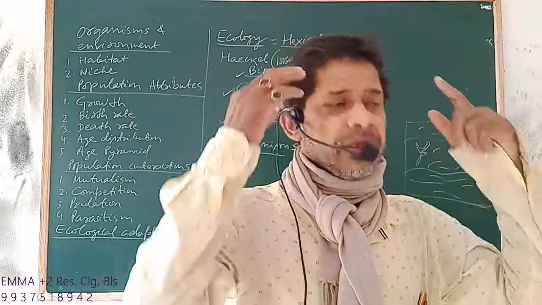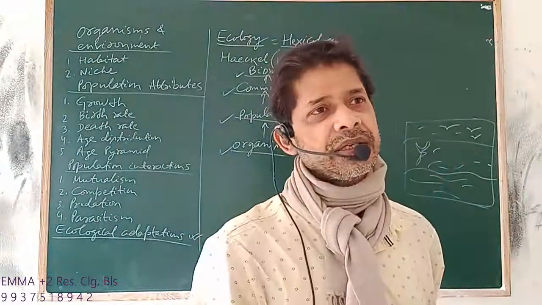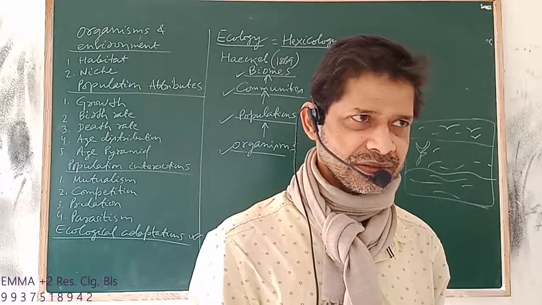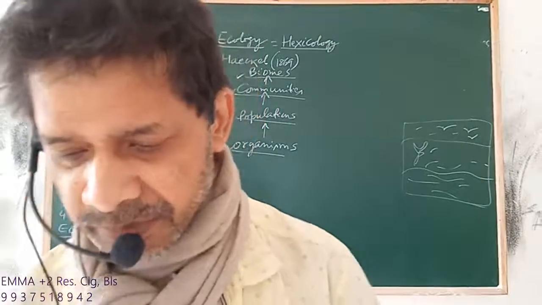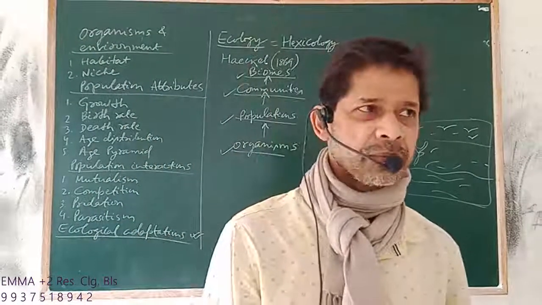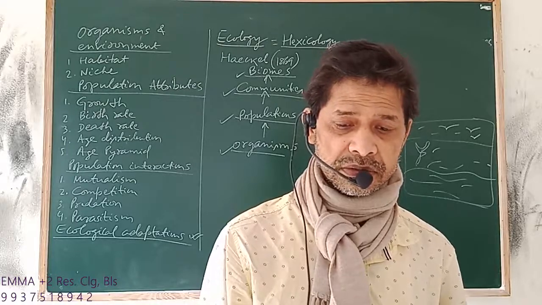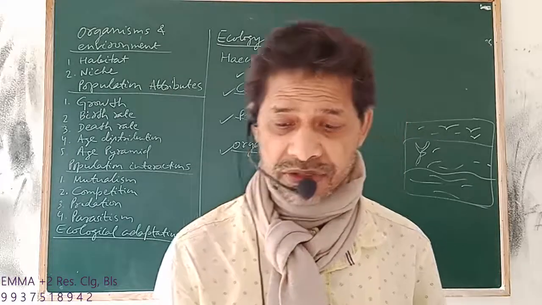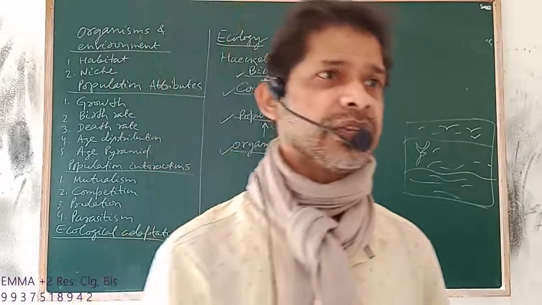So every organism is surrounded by environment. So what is environment? Environment is the sum total of biotic components and abiotic components, substances and conditions that surround and potentially influence the organism.